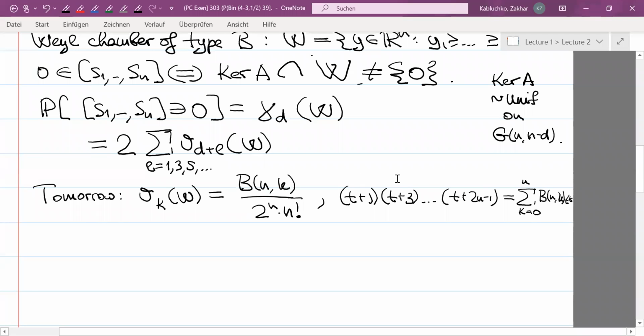So take this polynomial in t, expand it, and then B(n,k) are the coefficients. At this point, it is completely unclear why this is so. We shall prove this tomorrow. So this nice identity.